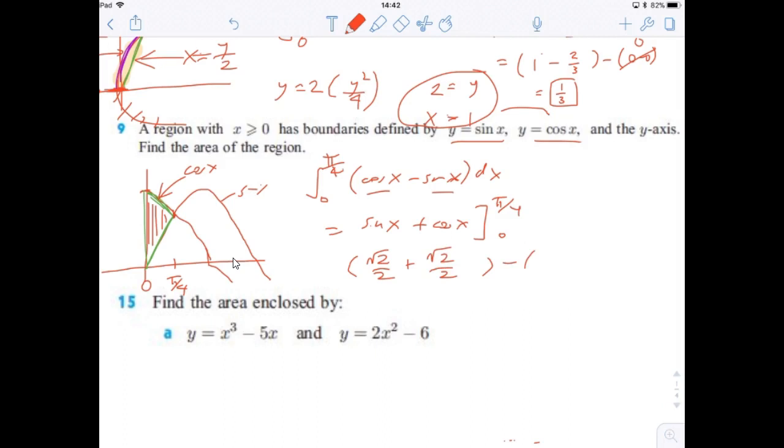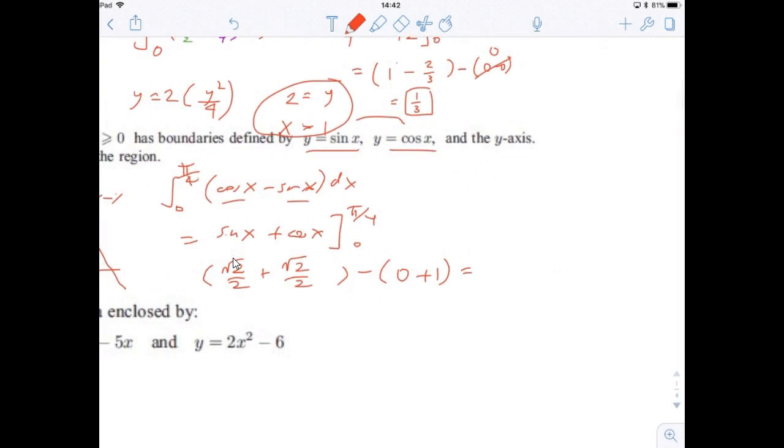And then we're going to subtract the cosine and sine at 0. The sine at 0 is just 0. The cosine of 0 is 1. So basically we got square root of 2 over 2 plus square root of 2 over 2, which is square root of 2. And then minus 1. And so that is our answer. We don't need to change it to the decimal because this is an exact answer, and mathematicians like exact answers.